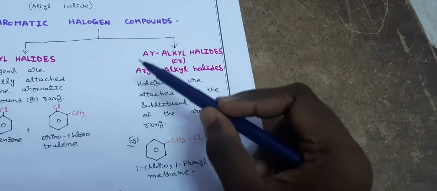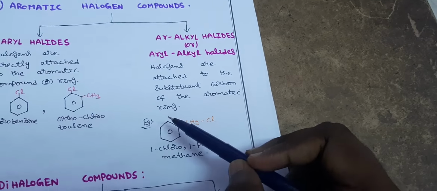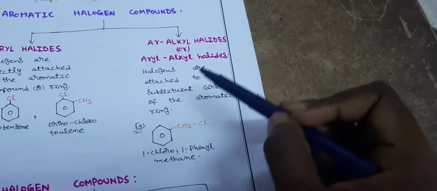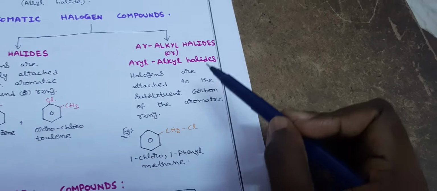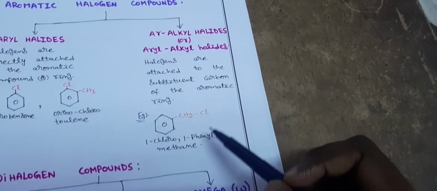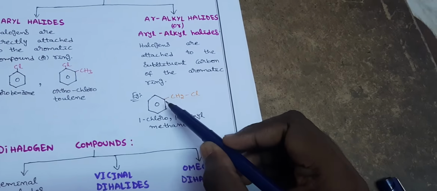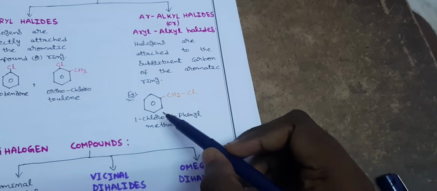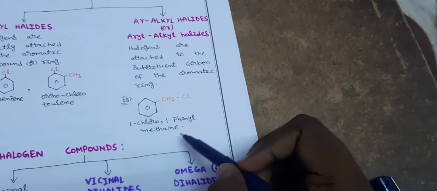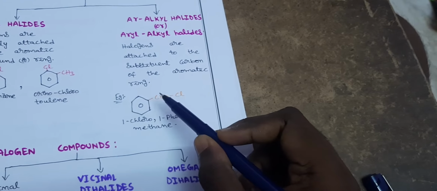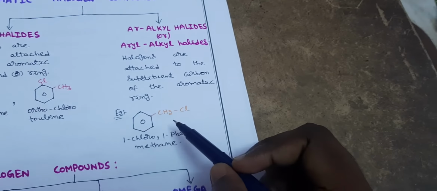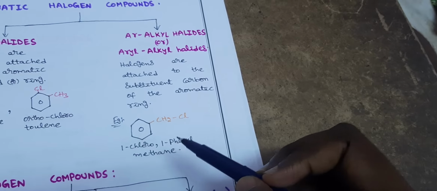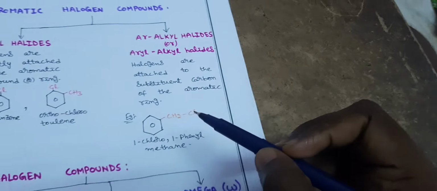See, basing on the name only we can say, aryl means aromatic ring, alkyl means alkyl chain, and halides, as usual, the halogens. So look, 1-chloro-1-phenylmethane. This will be the main one and these are the substituents. This is a perfect example for aryl alkyl halides.